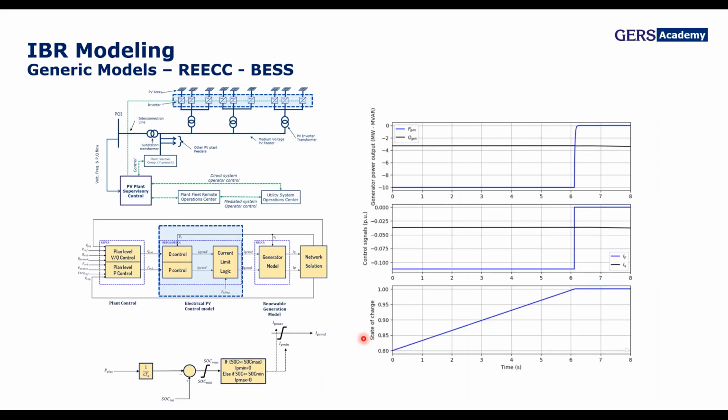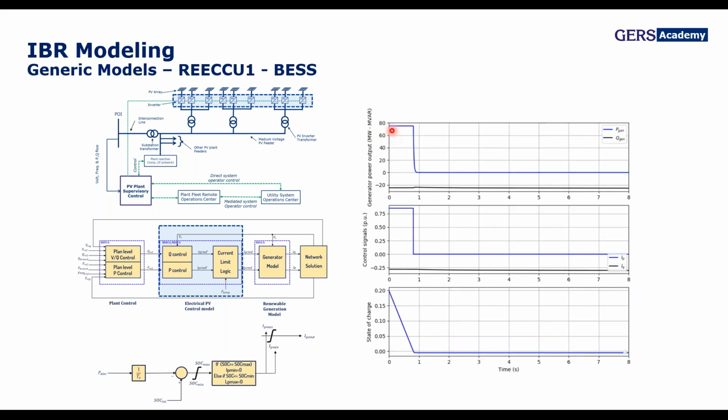There is a simulation here that shows the battery charging and reaching a state of charge of 1, or just discharging, so it starts by providing 80 megawatts, and after a while just goes to 0 since the state of charge moves from 20% to 0.